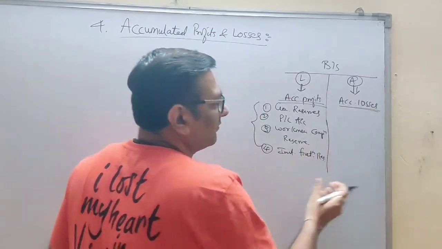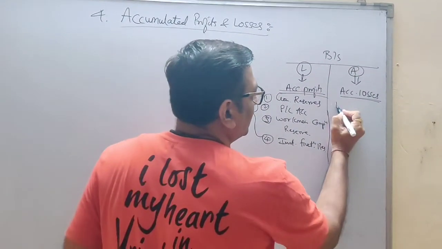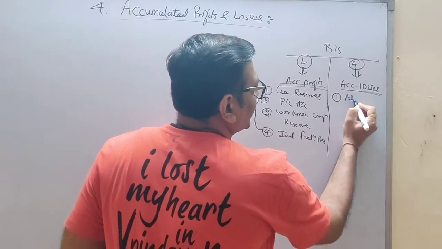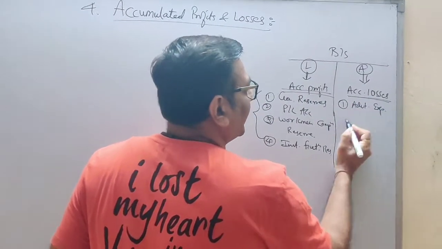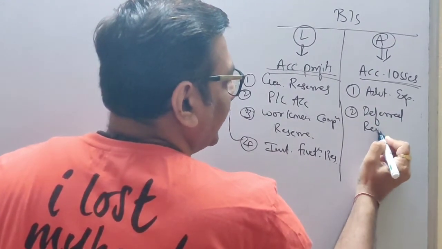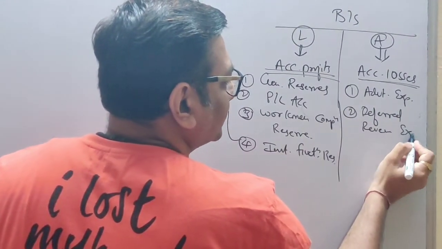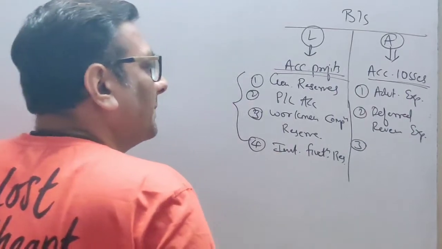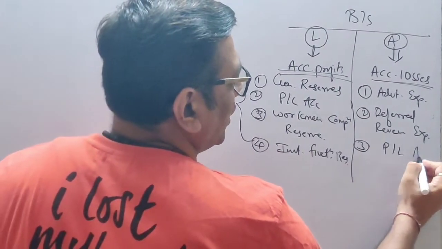Let's see the example of losses. There are very few. One is advertisement expenditure, or they may give you deferred revenue expenditure, or they may give you profit and loss account.